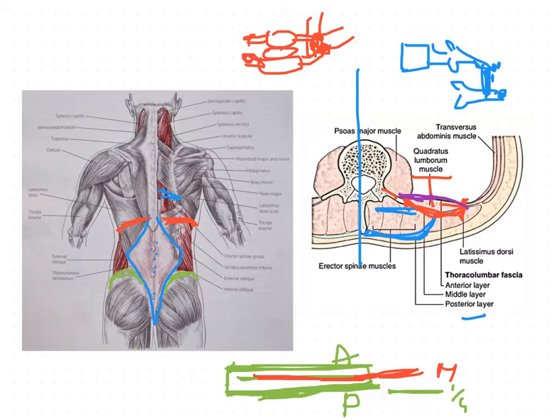Okay, superiorly, this layer forms the lateral arcuate ligament, extending from the tip of the first lumbar transverse process to the 12th rib. We have known the medial arcuate ligament as well as the lateral arcuate ligament, isn't it? This thoracolumbar fascia forms the lateral arcuate ligament.